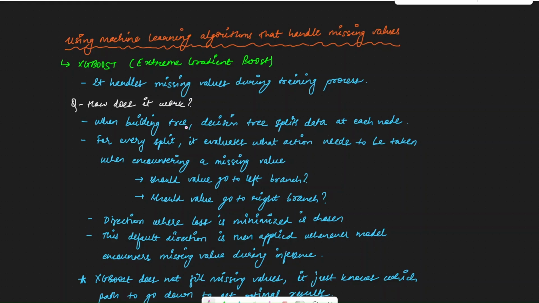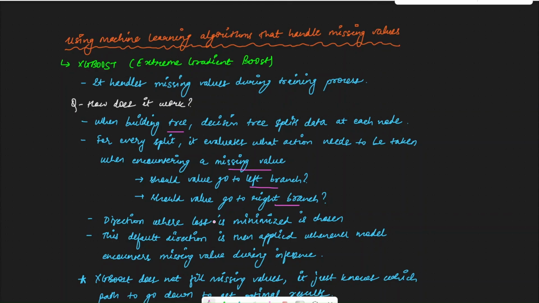We know that in XGBoost, we're going to build trees. And for each decision tree, we need to split the data at each node into left and right nodes. So for every split, the XGBoost algorithm evaluates what action needs to be taken if it encounters a missing value, whether that value should go to the left branch or right branch. How is this decided?